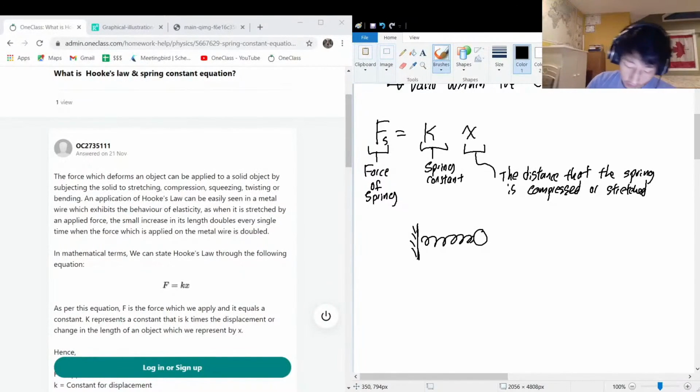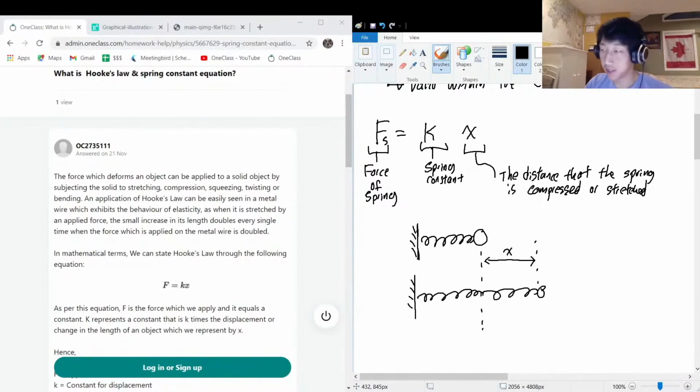Okay, so this is the start, and then we stretch out the spring like this. And the amount that it's stretched out, x, is just going to be x. You don't necessarily need to give a number just to show an example of this in progress.